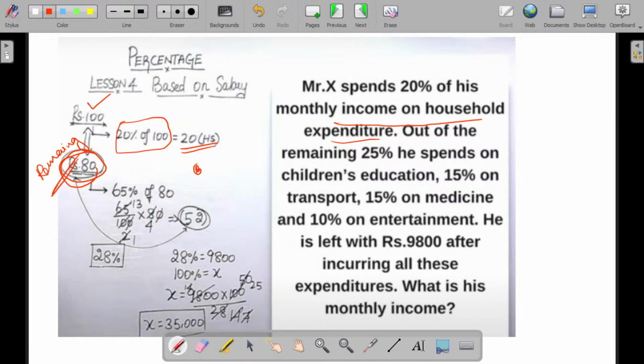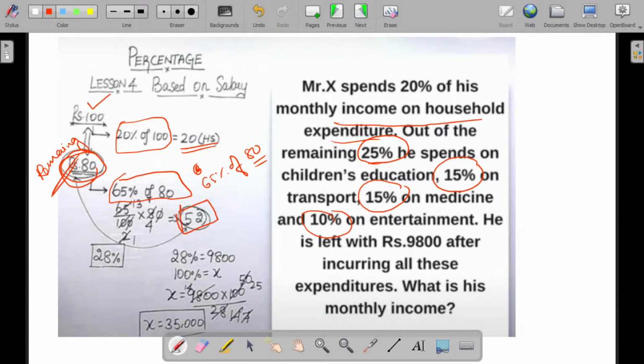So out of this 80 rupees, he is spending 65, that is 25 percentage on children's education, 15 percentage on transport, 25 percentage on medicine, and 10 percentage on entertainment. 25 and 30, how much? 55, 65. So 65 percentage of 80 rupees, that is how much?